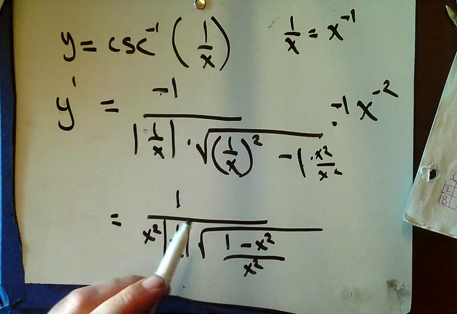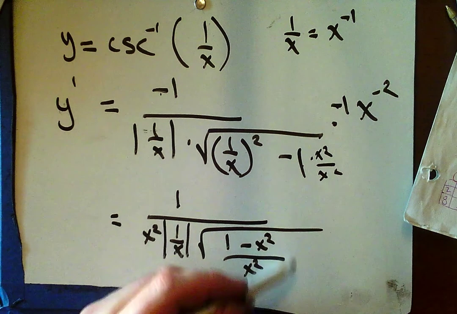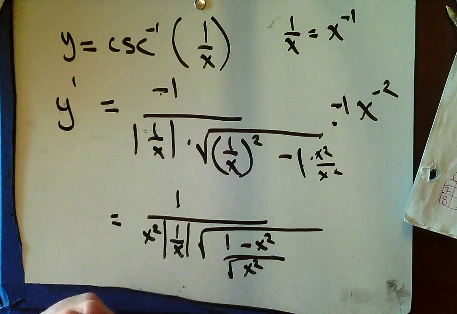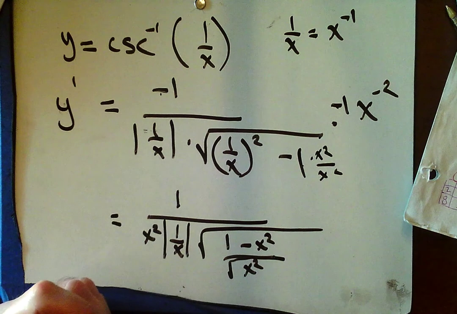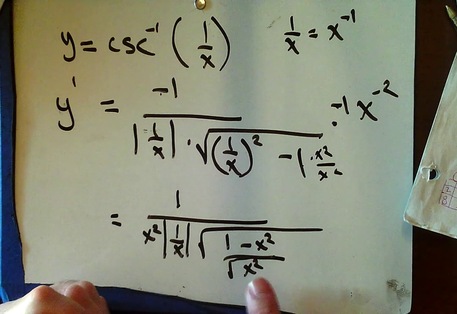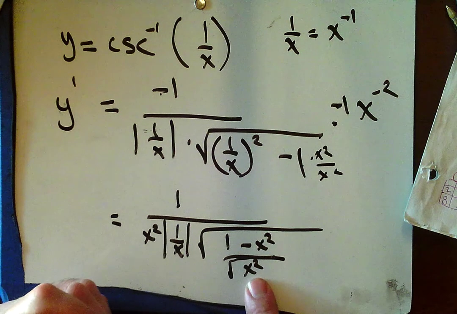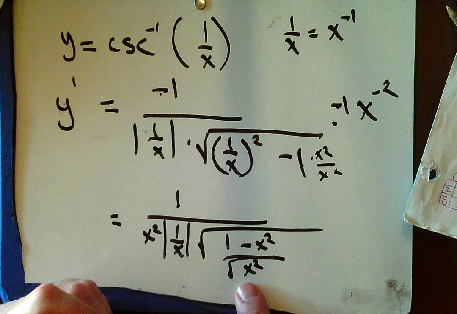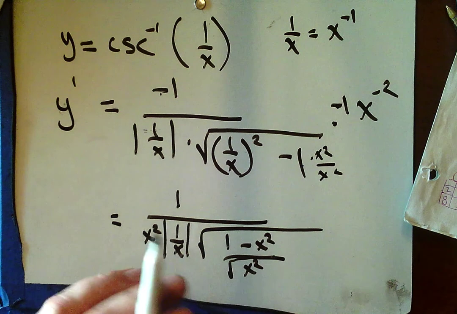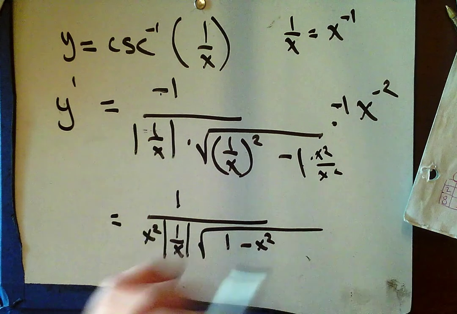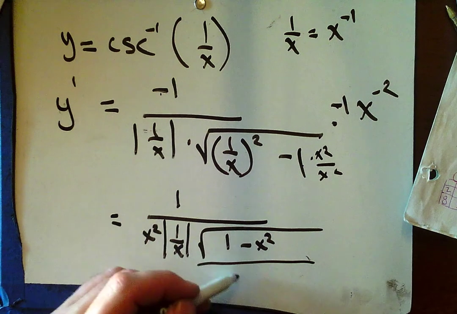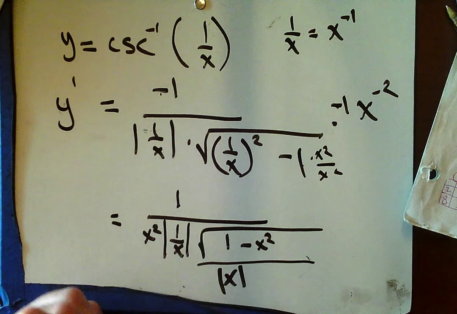Excellent. But what I'm going to do now is split this double-decker radical into two separate radicals. And why will I do that? Well, I can pull out an x here. In fact, it's an absolute x that I'm pulling out. So then, that's the stuff under the radical, all over absolute x.